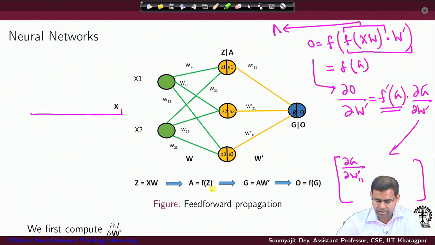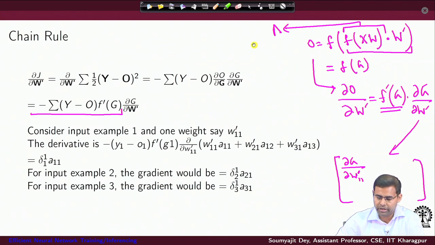So a is f of x w, and that is a value that we already have. So, considering just one of the components, this reduces to w11 prime a11 plus w21 prime a12 plus w31 prime a13, and so on and so forth.